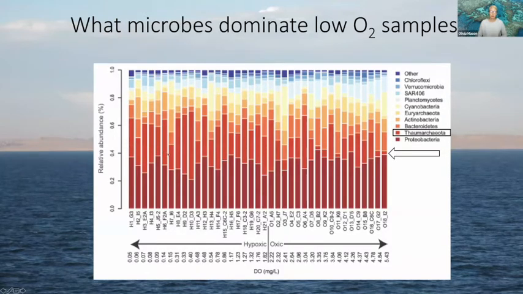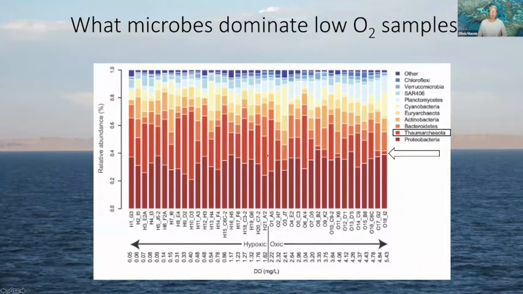These are called Thaumarchaeota, and this arrow indicates which of these colors represents Thaumarchaeota. If we look at these hypoxic samples, we can see that we actually have pretty high abundances of Thaumarchaeota. This is a type of archaea that's really abundant.